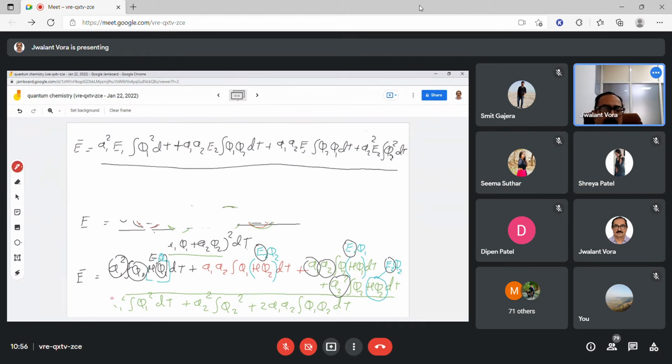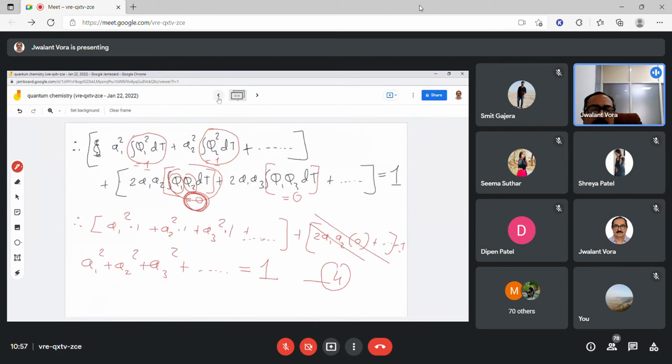હવે a1 square into phi1 square d tau. This is representing normalization condition. This is representing orthogonal condition. So a1 square into 1 plus a2 square into 1 plus 0. આ 0 થઈ ગયું. હવે ઇક્વેશન નંબર 4 શું કહે છે? a1 square plus a2 square is equal to 1.